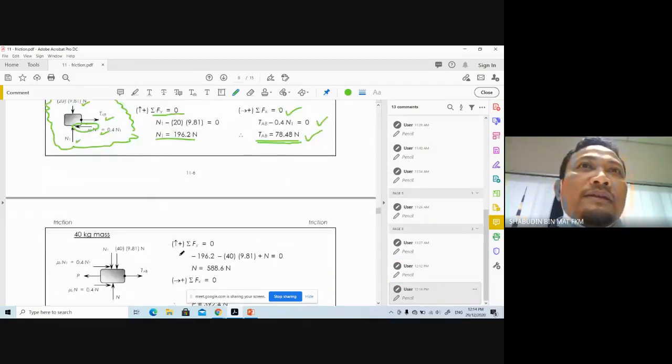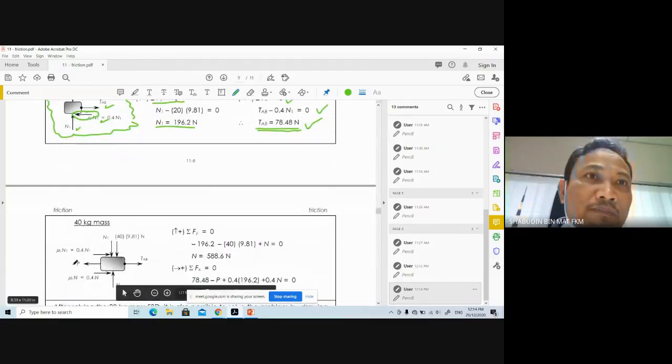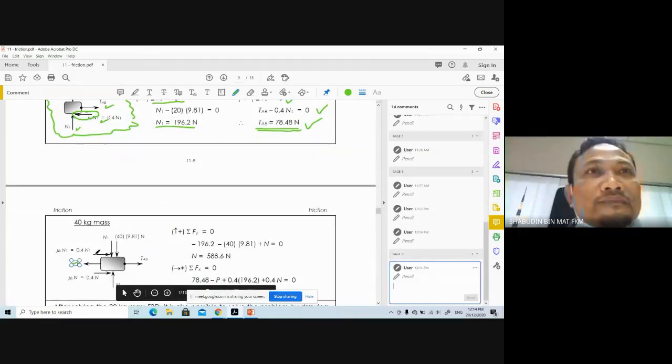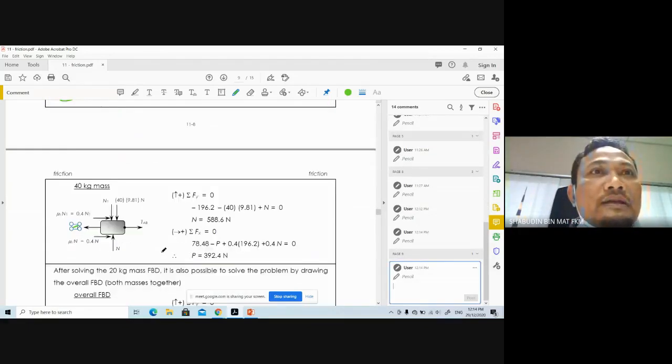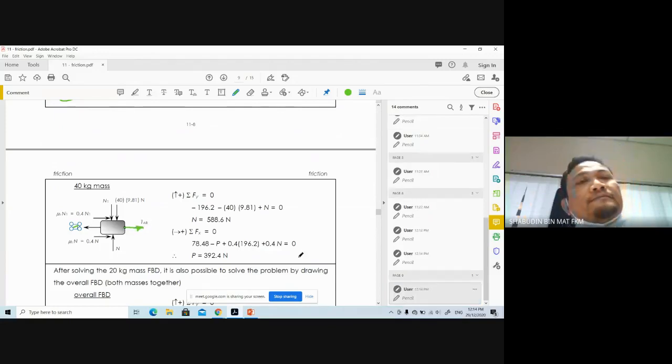First one is force P. You have T_AB there, always out of the point. You have a normal now. And then you have a friction force. It must go to the right, because in the opposite direction of force P, we are pulling this structure to the left. The friction force must go to the right.